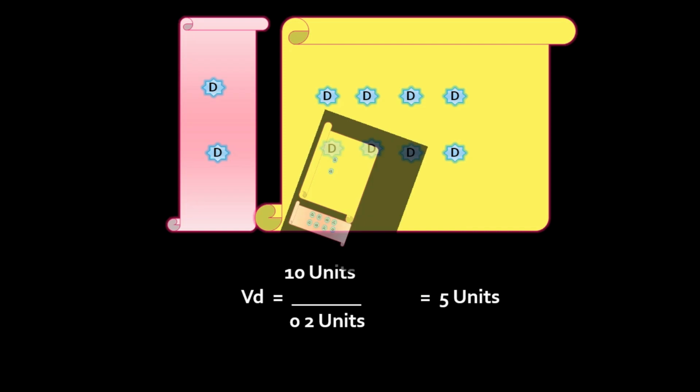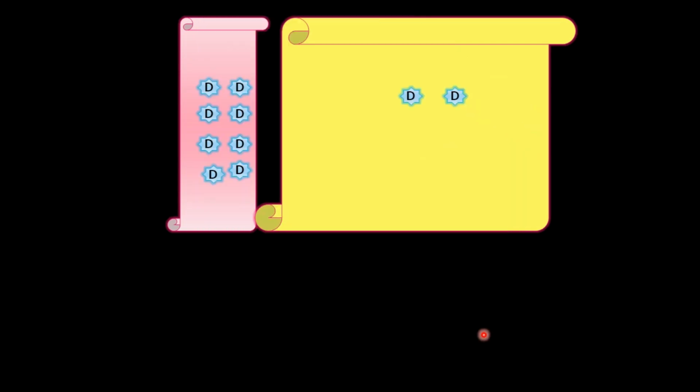What is the other scenario? In the other scenario, we administered the same 10 units of the drug. Among these 10, 8 units stay inside the plasma or the blood, the intravascular fluid compartment, and just 2 units are distributed extravascularly.